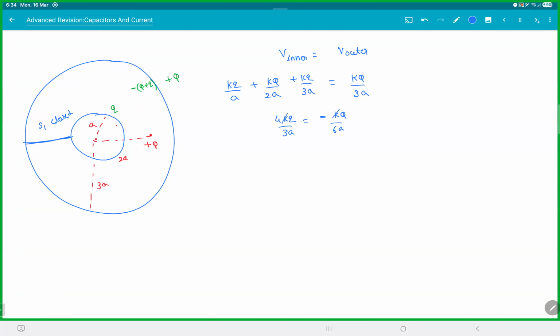K goes off, a goes off. 3s, 2s, q by... I messed up something, I guess. Minus 3kq by 3.